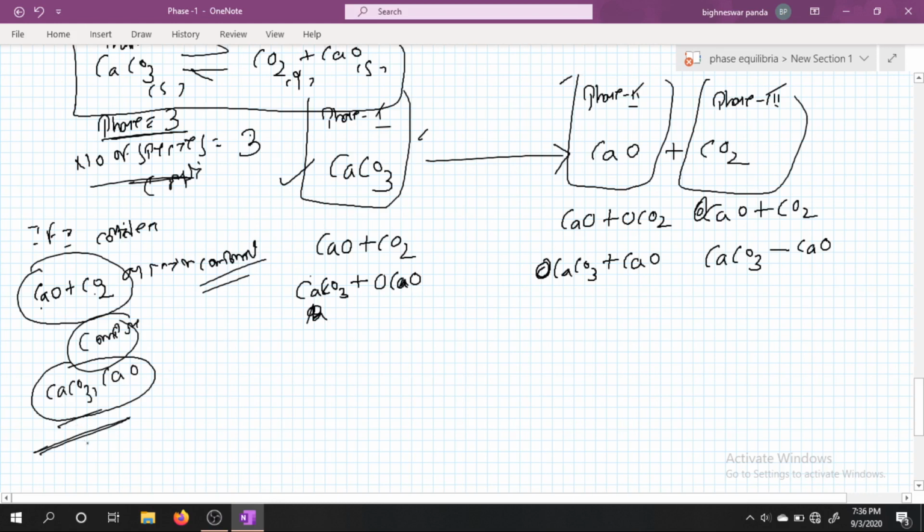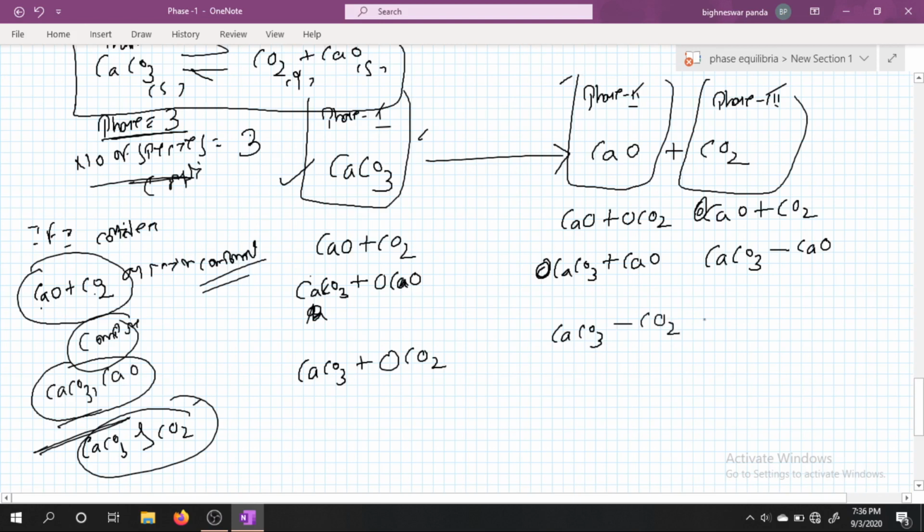If you are considering calcium carbonate and carbon dioxide as minimum 2 components, so I can write here calcium carbonate plus 0 carbon dioxide, and this is calcium carbonate minus carbon dioxide, and this is calcium carbonate plus CO2. So by using a minimum number of component, I can easily explain each of the phase.